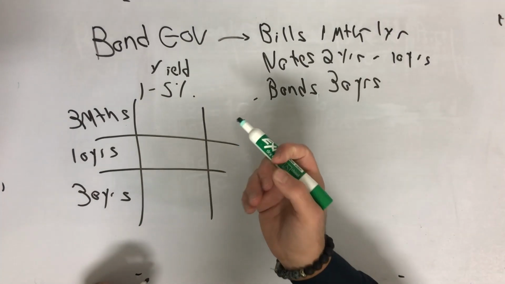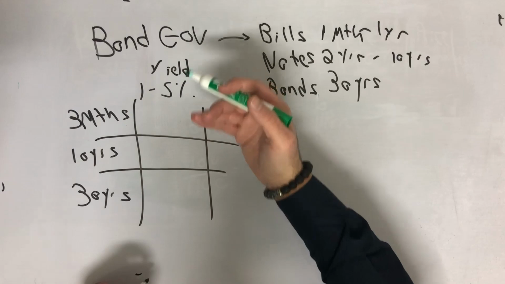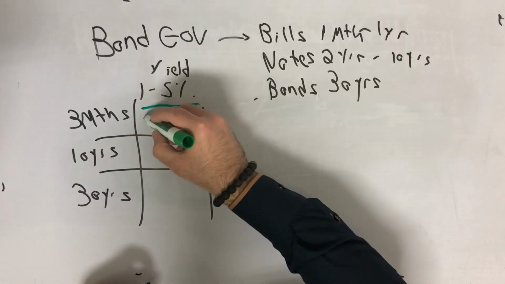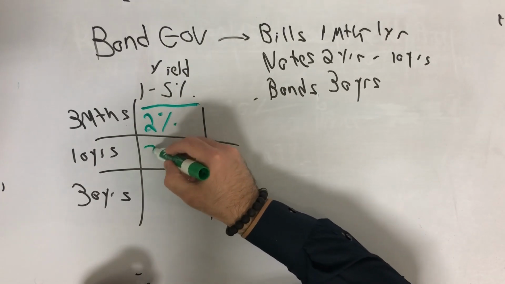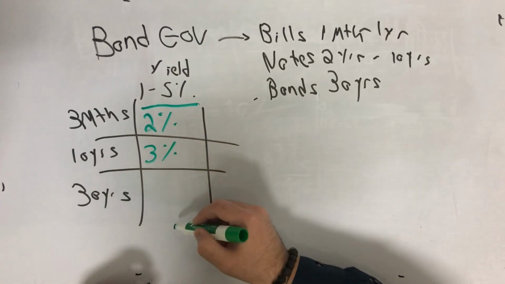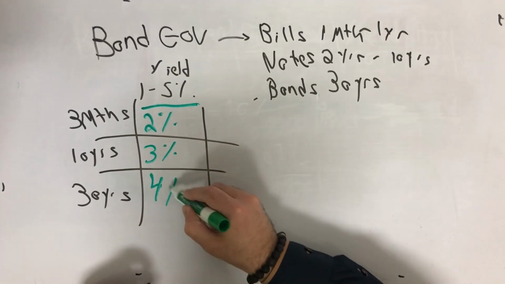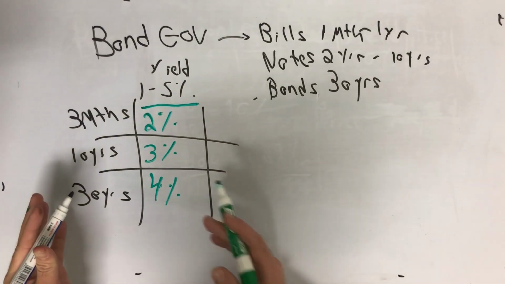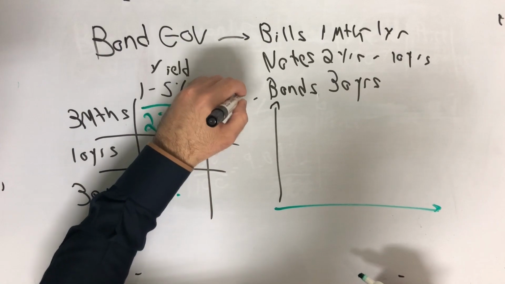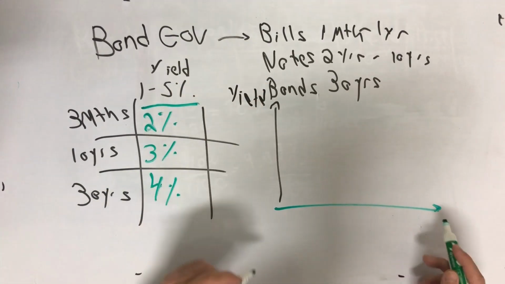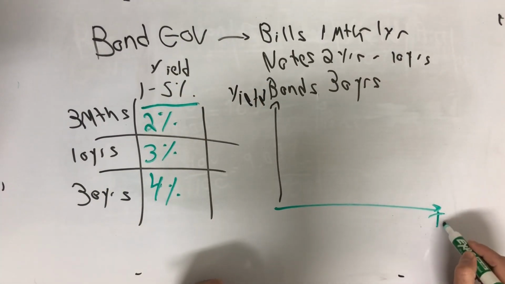You're locking up your money for a longer period of time. Let's say you will demand for the 3 months a 2% yield, for the 10 years you will demand 3%, and for the 30 years you will demand 4%. If you want to translate those numbers into a chart, the y-axis would be the yield, the x-axis would be the time.